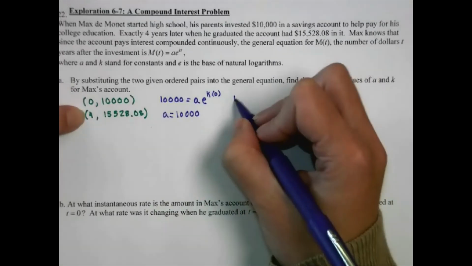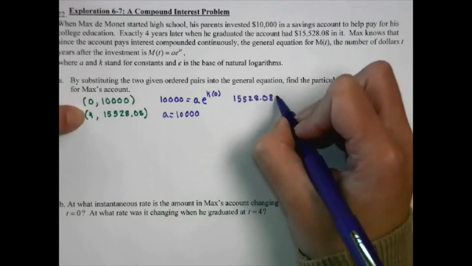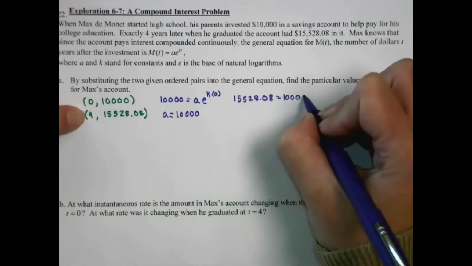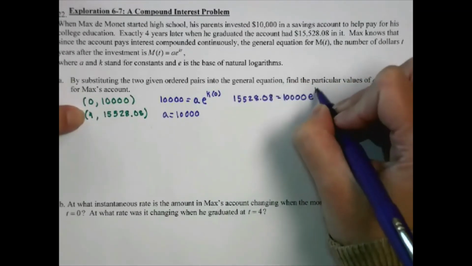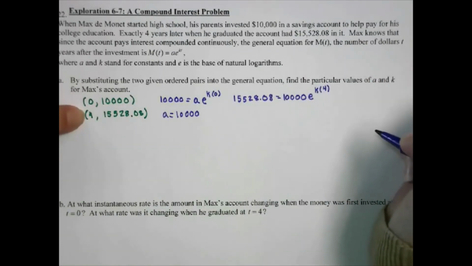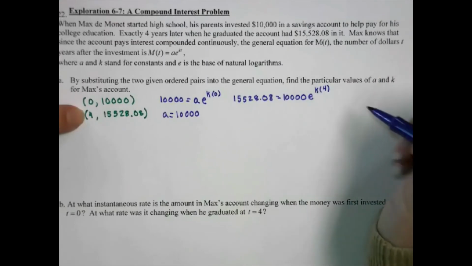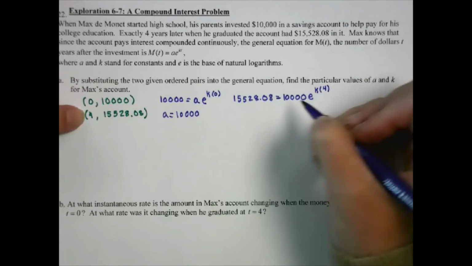So now we can use that and our second coordinate to find our k. So 15528.08 is equal to 10,000 e to the k, we don't know, but t we do, is 4. Now we're going to solve for k. So there's no calculus involved here. This is just algebra. So first we're going to divide.